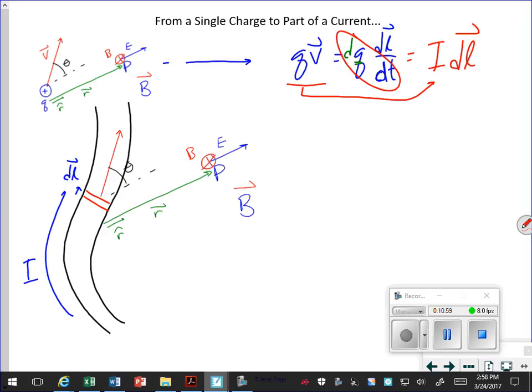IDL we give the special name of a current element.